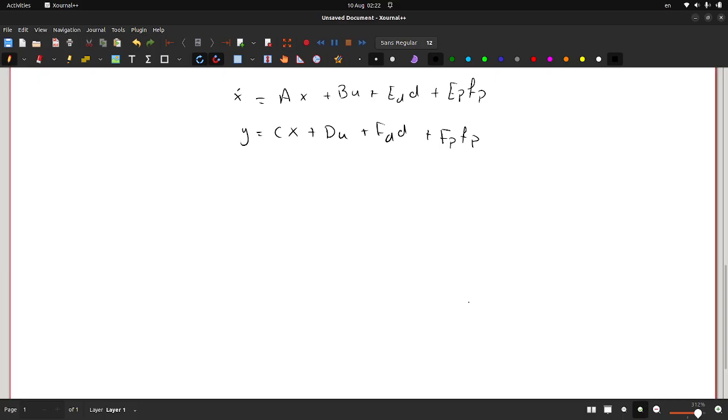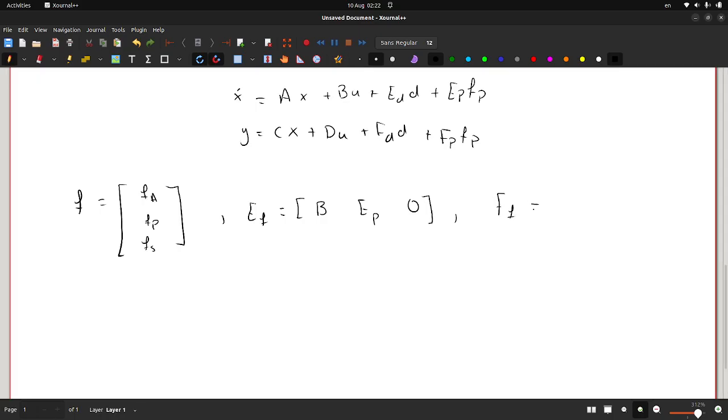Finally, we can augment the matrices as f equals the column vector F_A, F_P, and F_S. Also, we can have E_F equal to B, E_P, and 0, and F_F as D, F_P, and I.